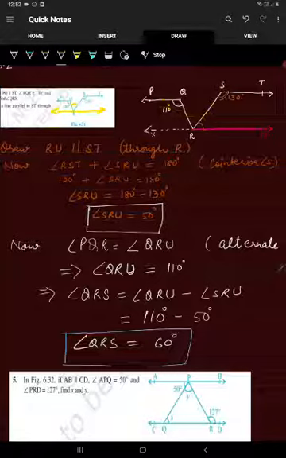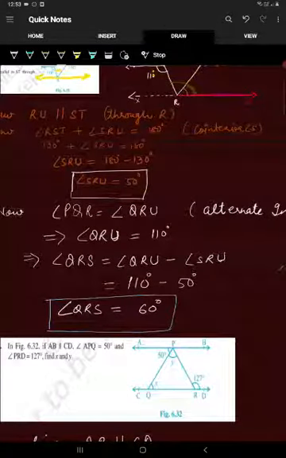Therefore, the measure of this full angle QRU comes out to be 110 degrees. We need to find angle QRS. To find angle QRS from QRU, we need to subtract this angle, that is SRU. So subtracting 110 minus 50 degrees, the measure of angle QRS comes out to be 60 degrees.